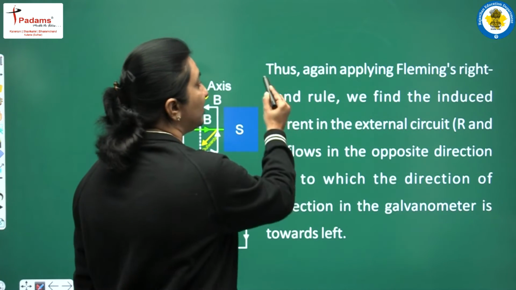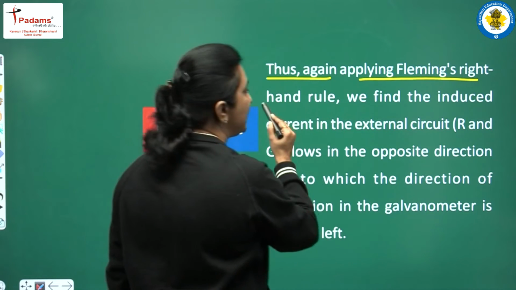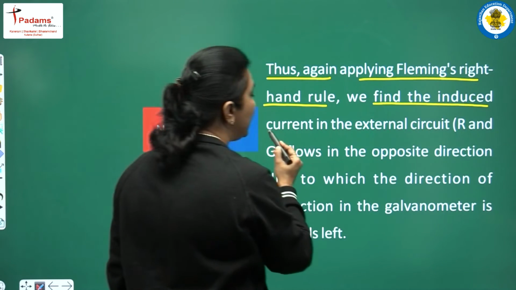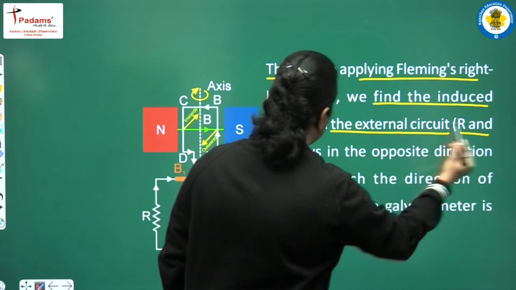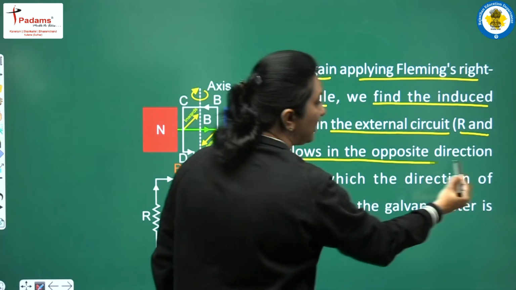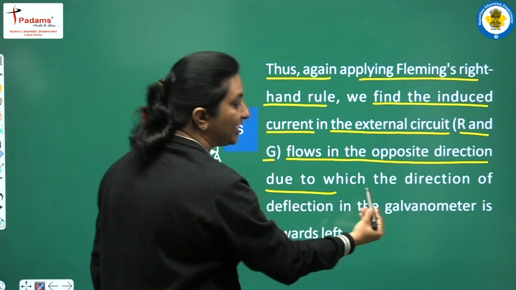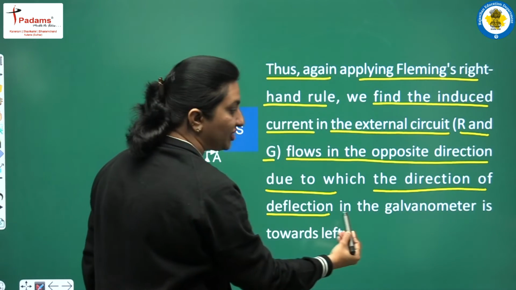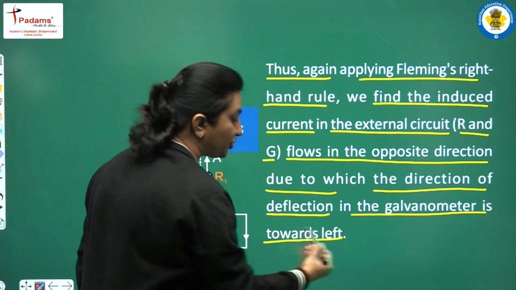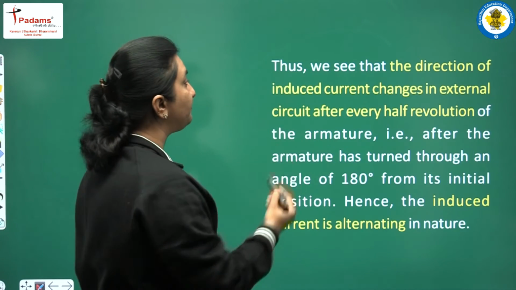So students, thus, again applying Fleming's right hand rule, we find the induced current in the external circuit R and G flows in the opposite direction, due to which the direction of deflection in the galvanometer is towards left.